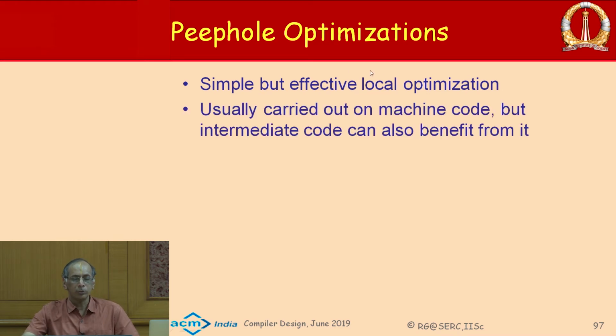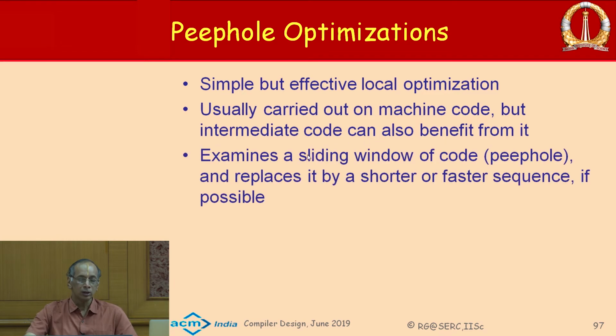So, these optimizations are effectively local optimizations, because you are looking at a small window of instructions. This is typically carried out on the machine code, but sometimes one could also apply it on the intermediate code. As I mentioned earlier, it looks at a small window, but it is a sliding window of code, which is what is called the peephole, and then it tries to apply these optimizations.